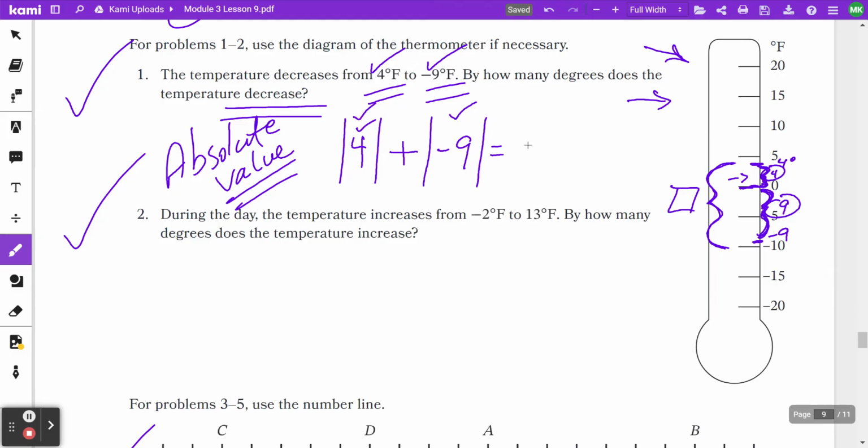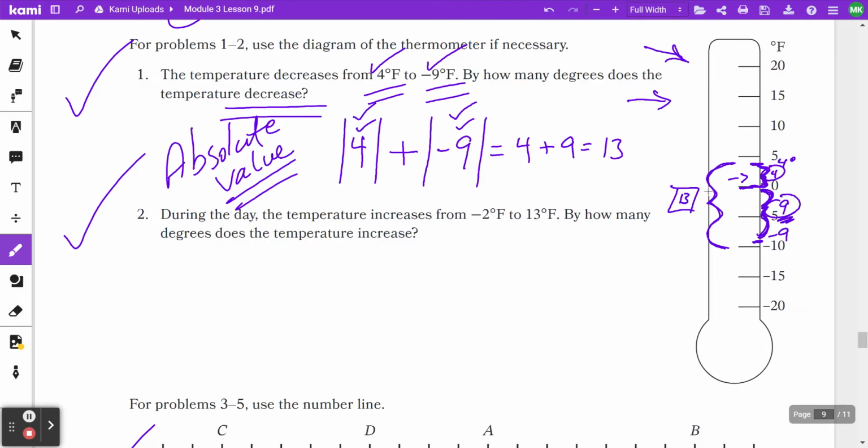So the absolute value of 4 is 4, plus the absolute value of negative 9 is 9, because you can't have a negative absolute value. You can't have a negative distance. Clearly, the distance from 0 to negative 9 is 9. Notice that's a positive value. Put those together, and you get 13.